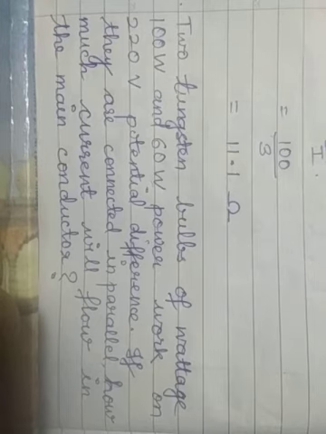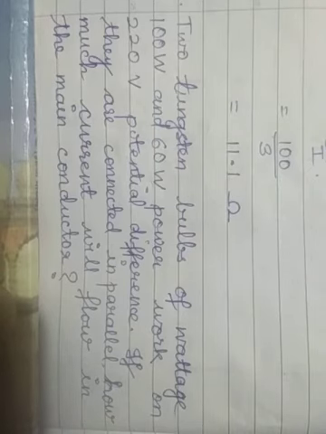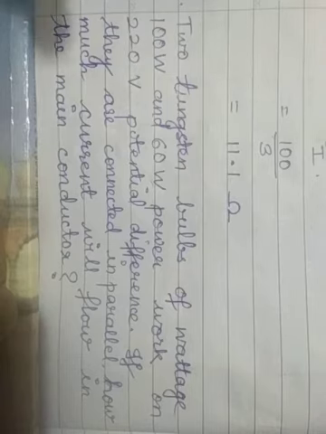You need to know that in home connections, we have a parallel connection. According to parallel connection, you should remember that the voltage, that is the potential difference, remains the same, whereas the current gets divided. We need to find out the current here. First we need to find out the current in the first bulb and then in the second bulb.